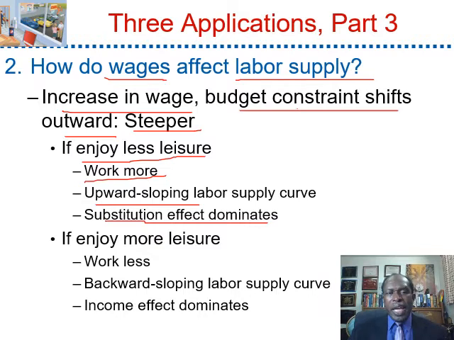On the other hand, if you enjoy more leisure, you're going to work less, and then the labor supply curve will be backward sloping, and the income effect will dominate the substitution effect.